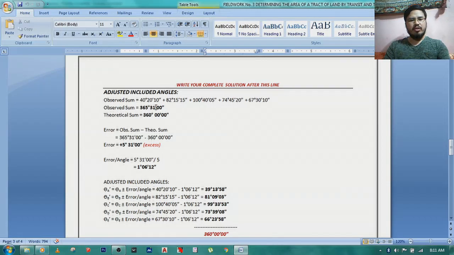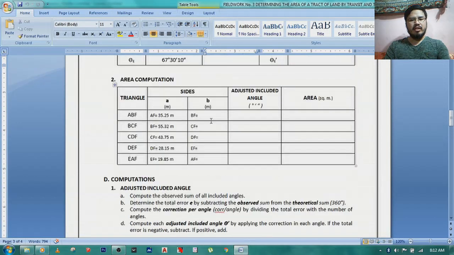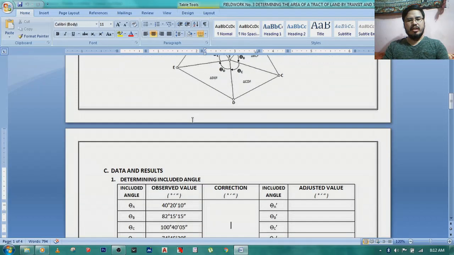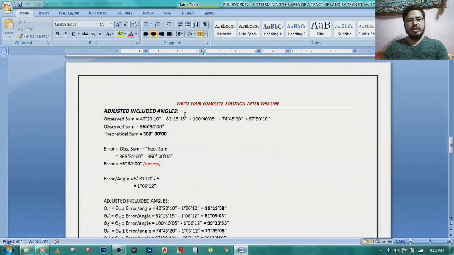I want to remind everybody that this is just an assumed theta. But in geometry or trigonometry, when you add theta A, B, C, D, and E, it should result to what? To 360 degrees.